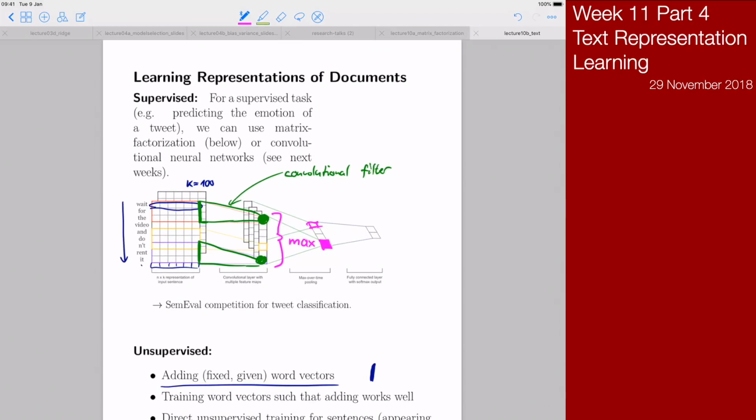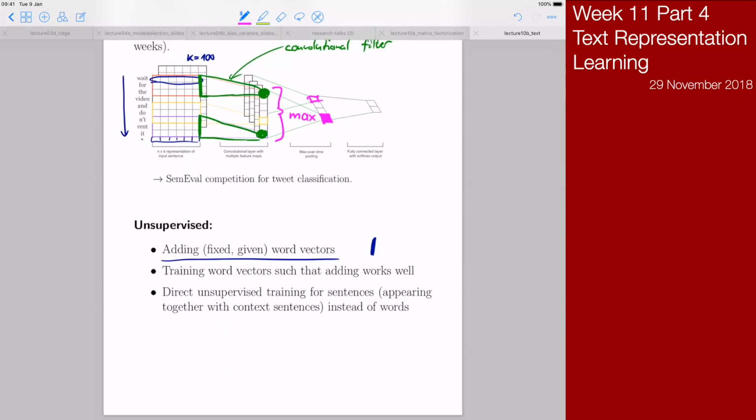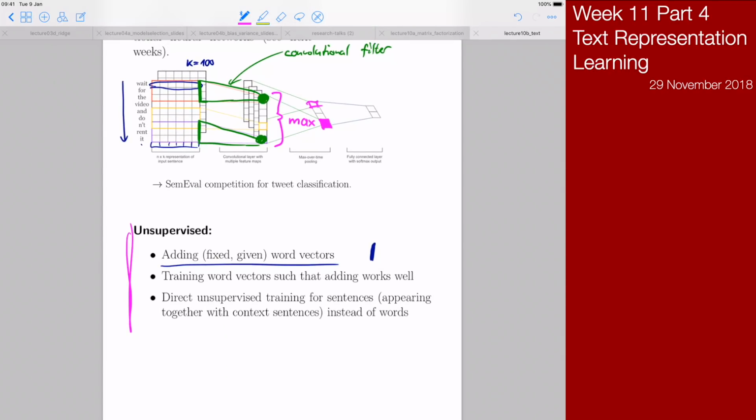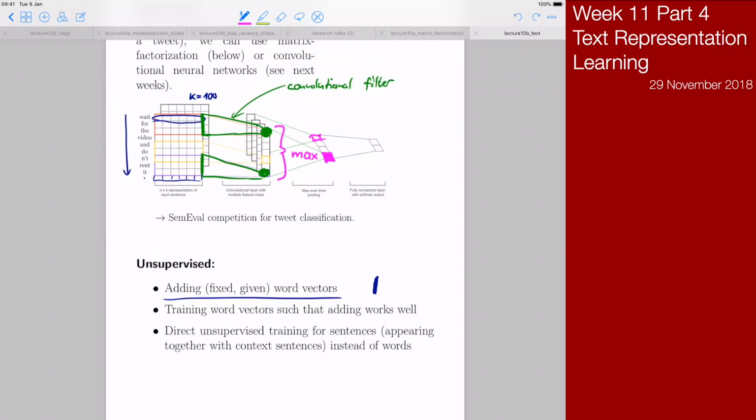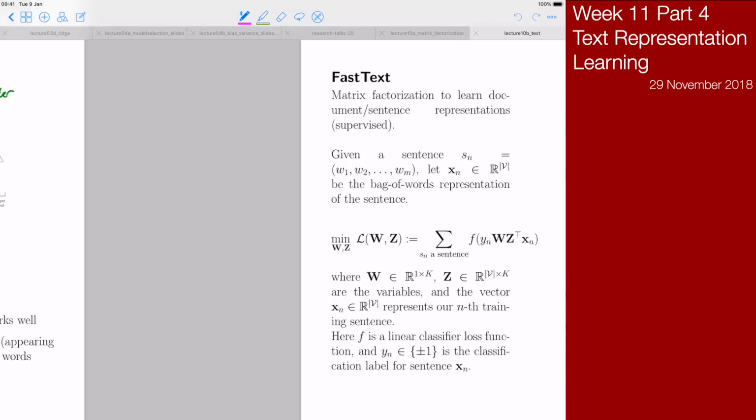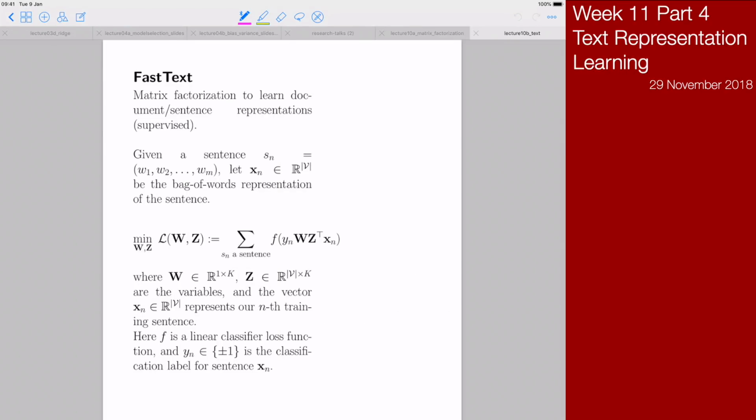The downside is neural networks, we can only train supervised. So you will need a lot of data which has labels to train this. And the nice thing about adding the word vectors is that they are unsupervised, they're just available. That's just a little preview to neural networks.